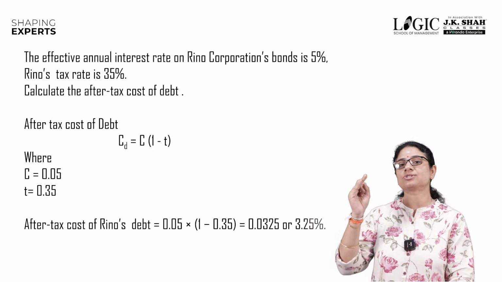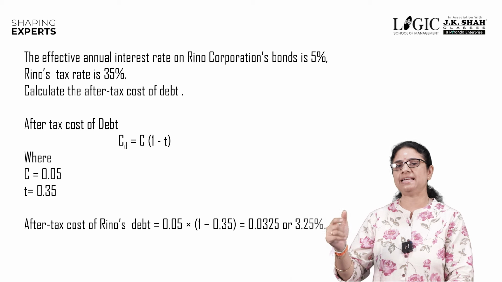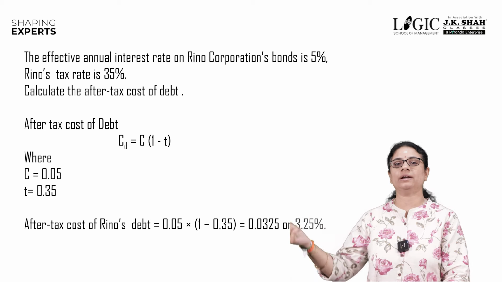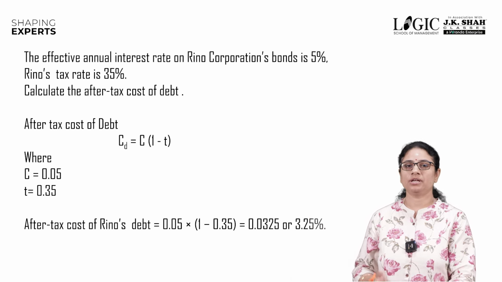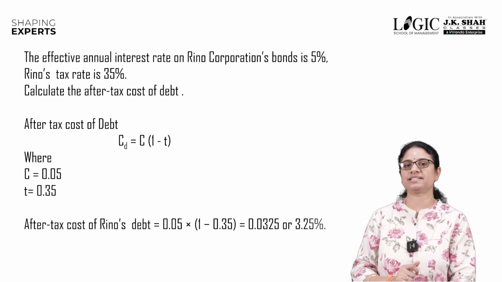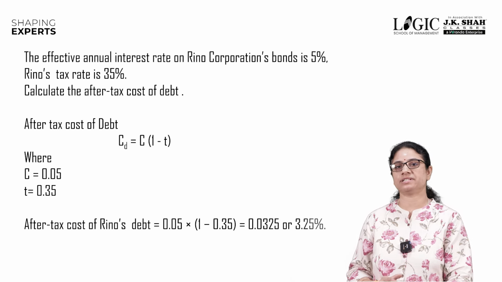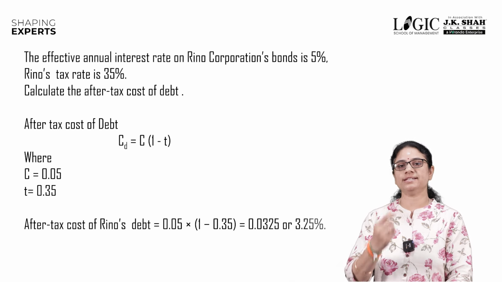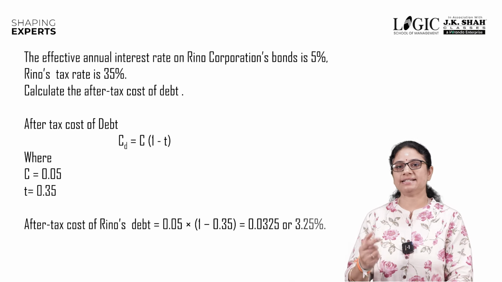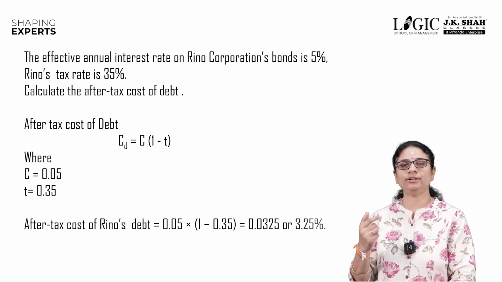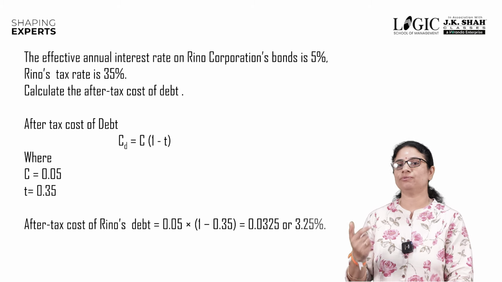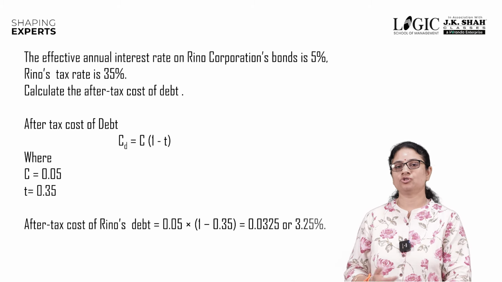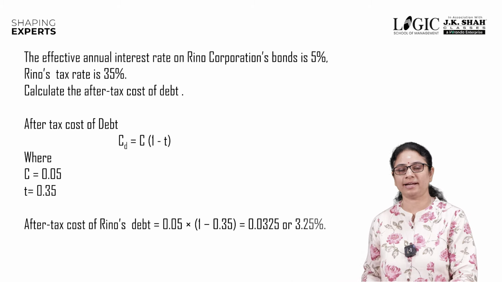The after-tax cost of debt formula is CD is equal to C into 1 minus T. Here C is equal to 5%, T is equal to 35%. By substituting in the formula, we get 0.05 into 1 minus 0.35, and that is equal to 0.0325 or 3.25%. So we have completed the cost of debt.